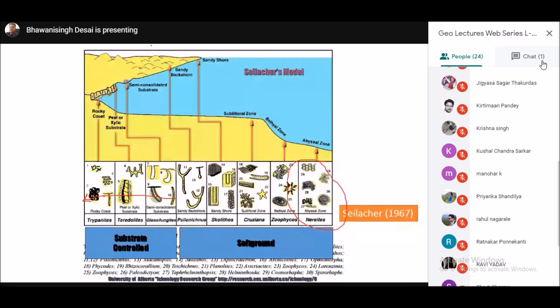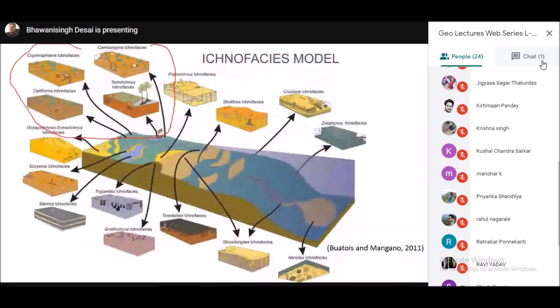But later on, we found that those are also equally diverse. You have a lot of different animals which make their burrows in those, and that is why this diversification happened in the river. So with the addition of this, now you have almost 16 ichnofacies developed to identify various sub-environments of the system.